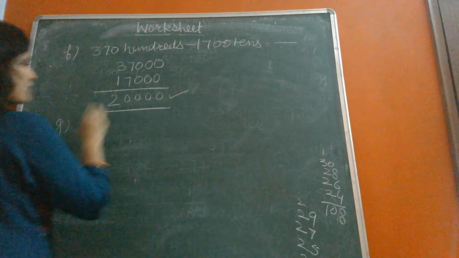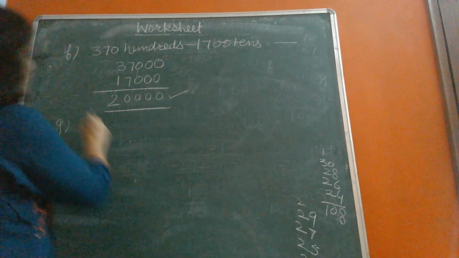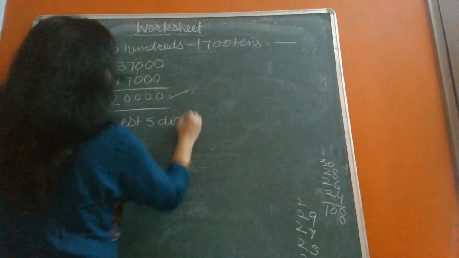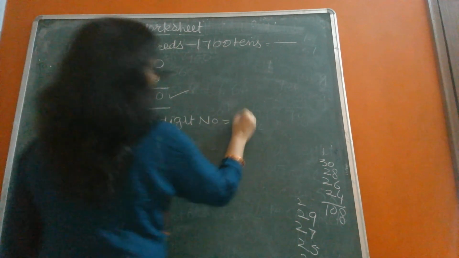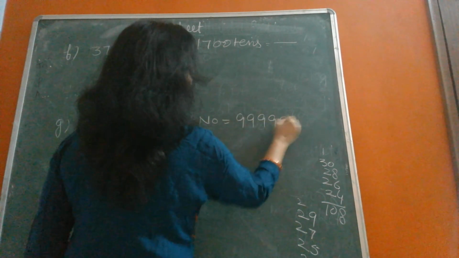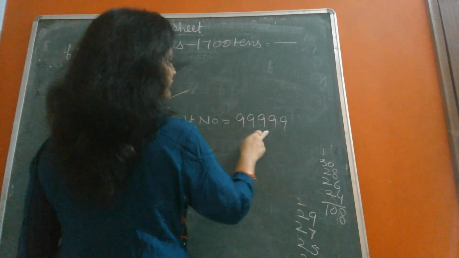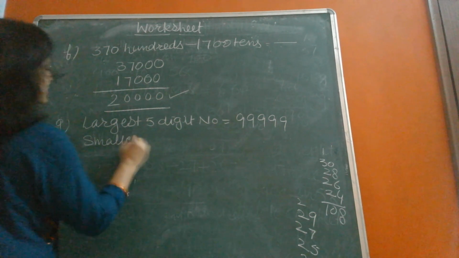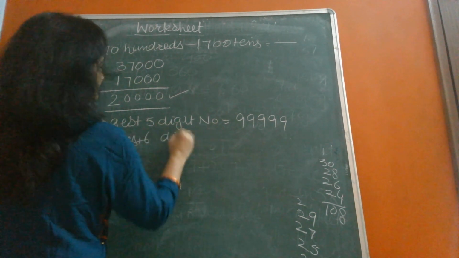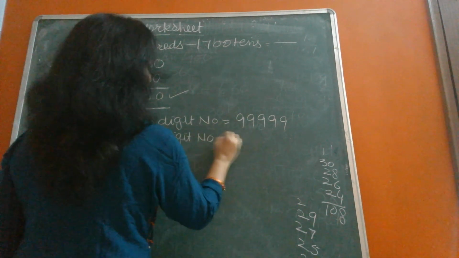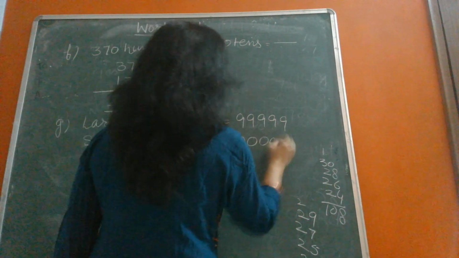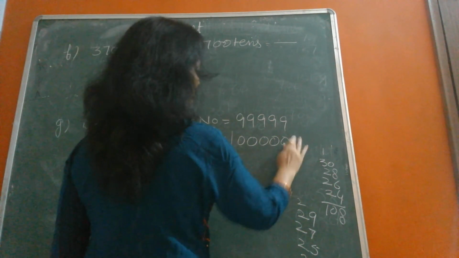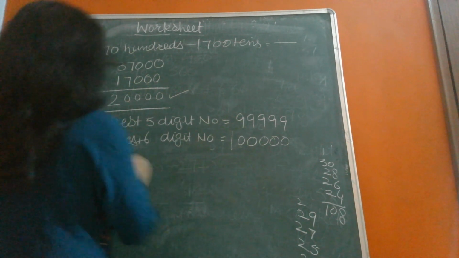Part G. First we will write the largest 5-digit number. 9, 9, 9, 9 and 9: 99,999. The smallest 6-digit number is 1 lakh.